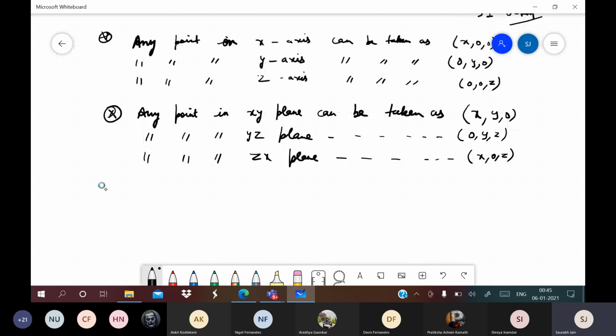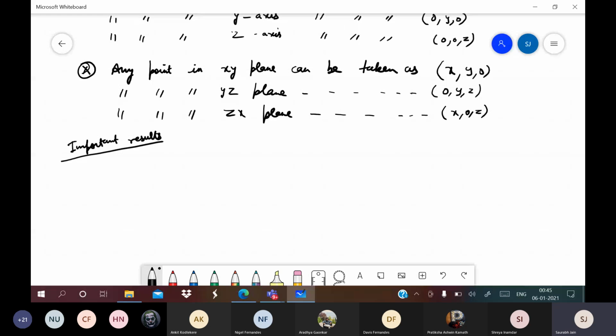Now another important thing. Okay, important results. For this, I will make that diagram once again.